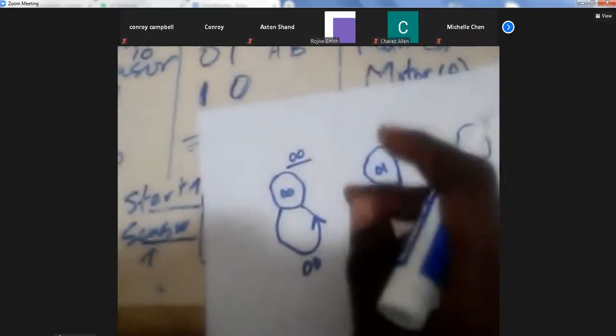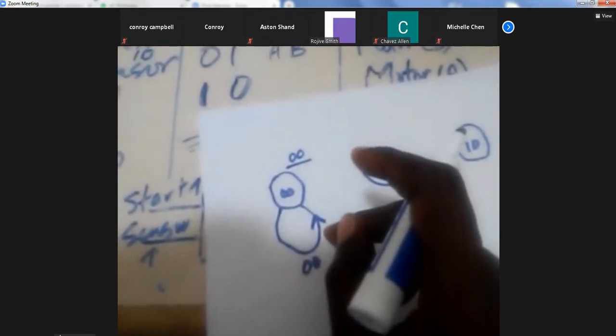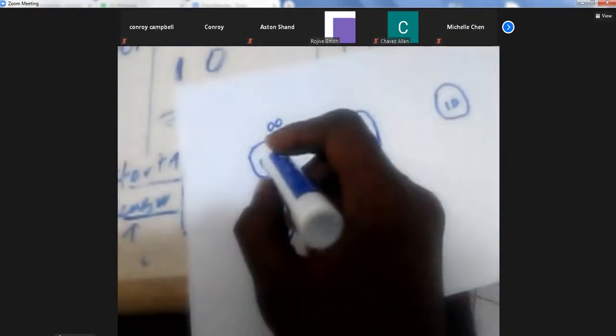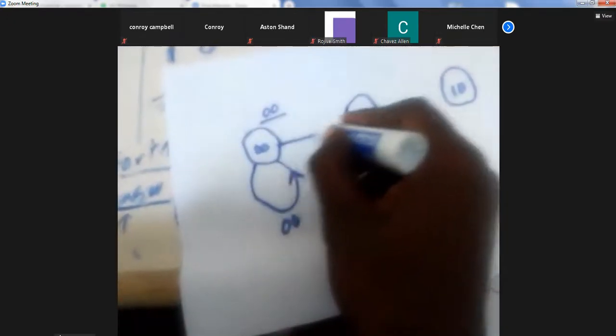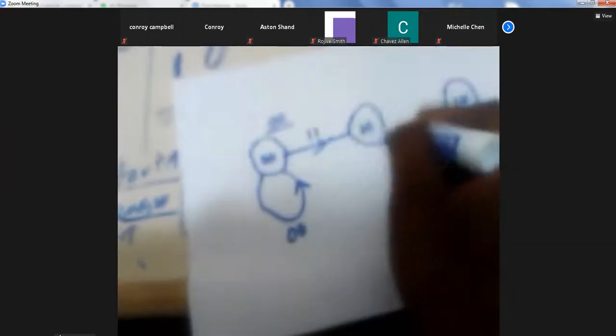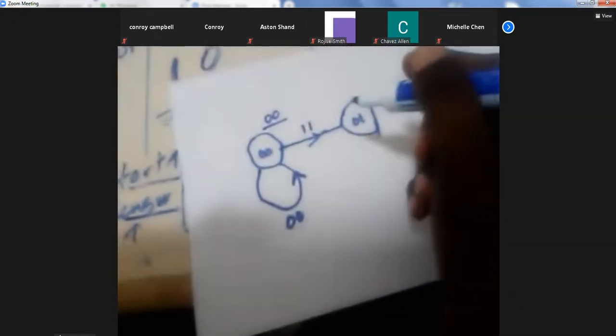Yes, move the box. So you turn on the box motor. Therefore, 1, 1 would carry you to the state 0, 1. So that is Apple.